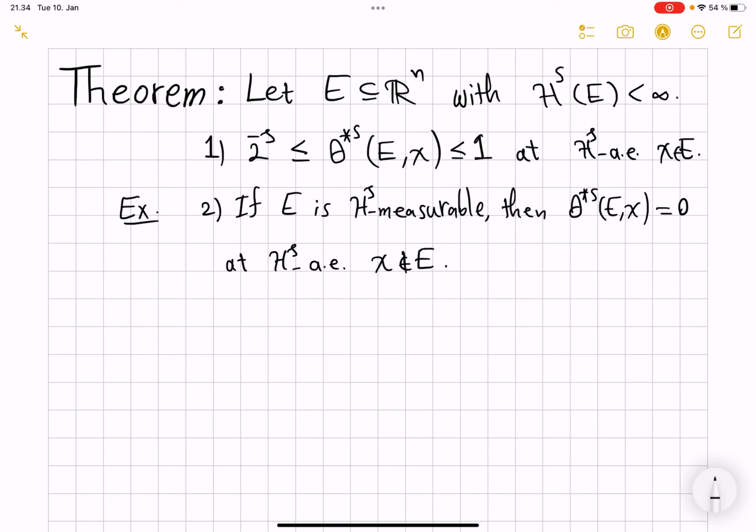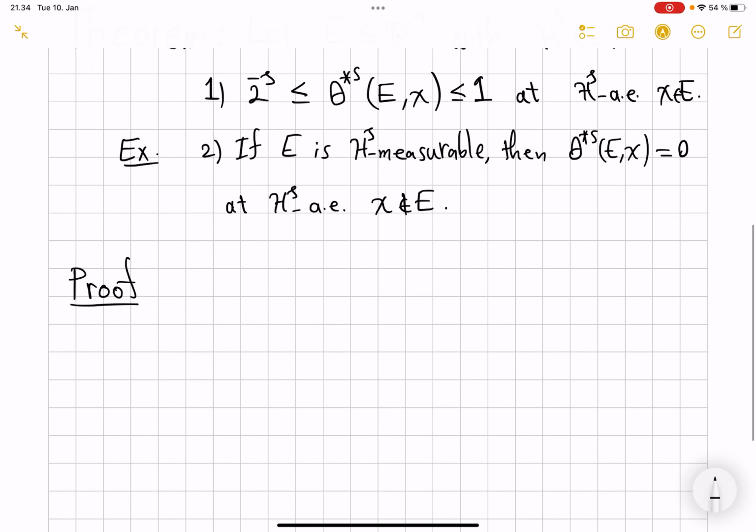Okay, the proof, again, of only part 1. Let's begin by looking at the lower estimate of 2 to the negative s.